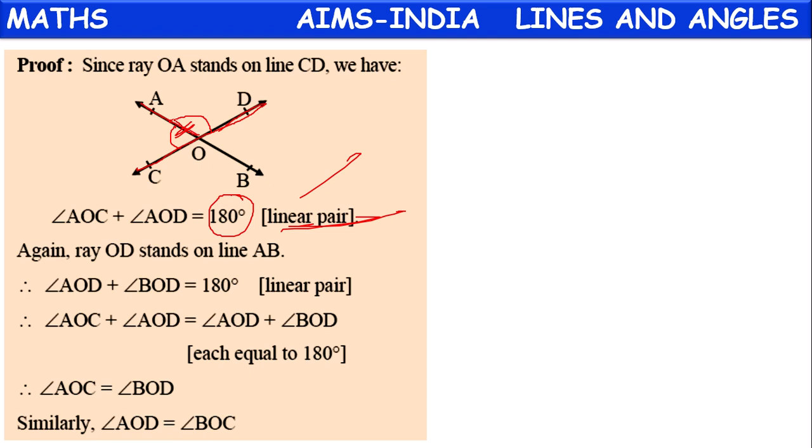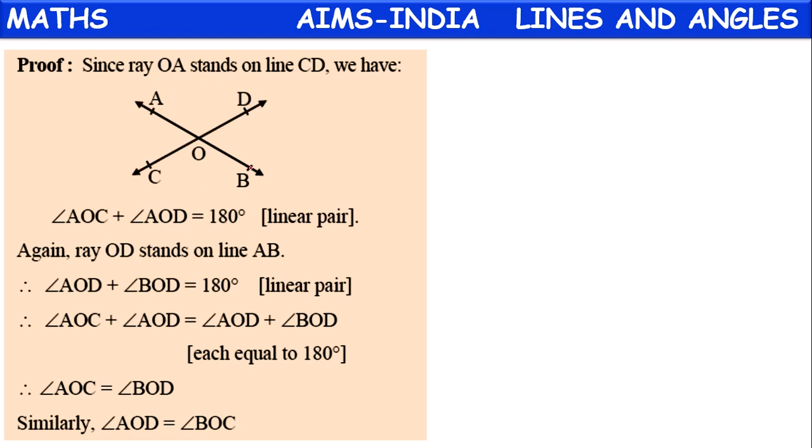If a line is standing on another line, all the angles formed on the same side of the line equal 180 degrees. So AOC plus AOD equals 180 degrees.